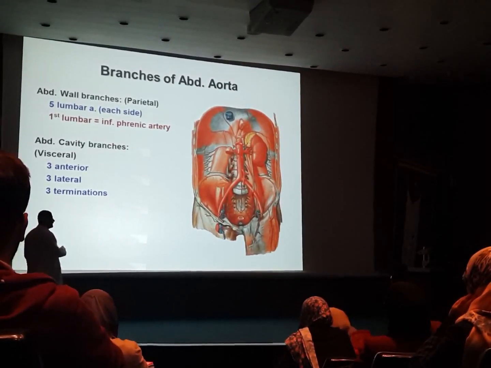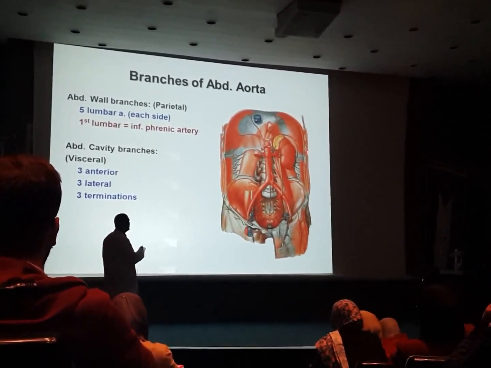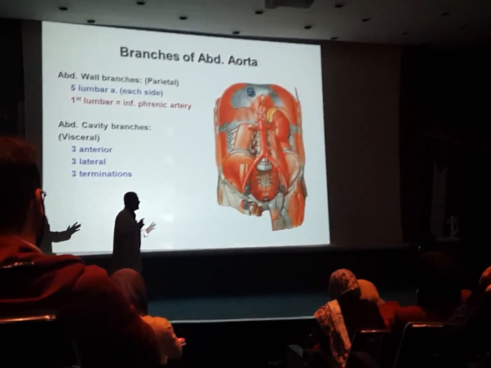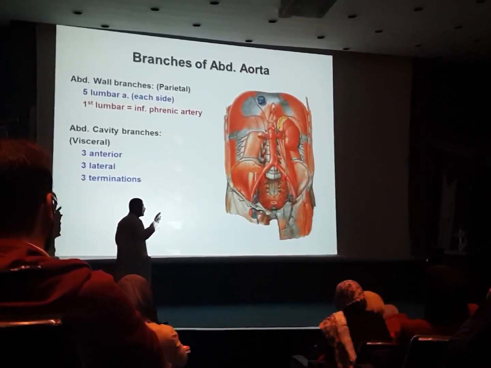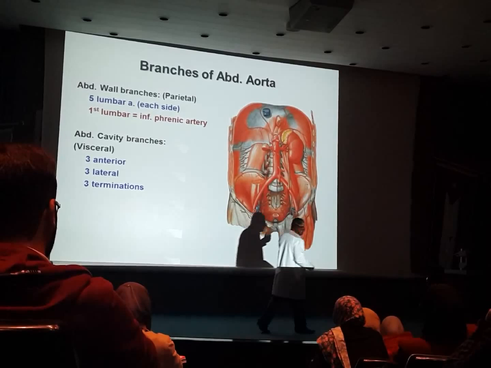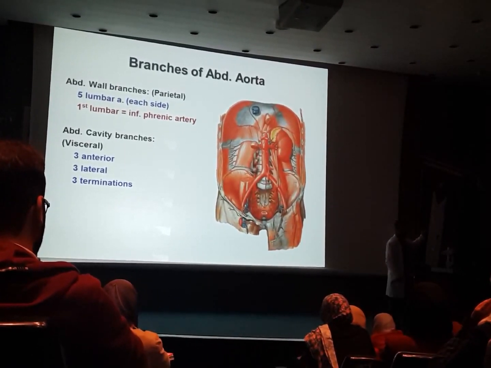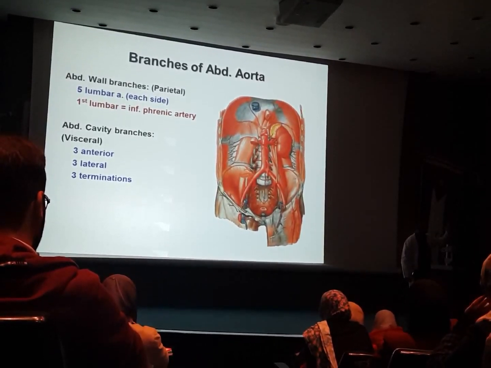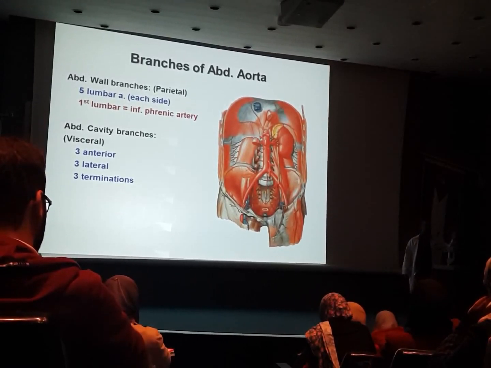Now, the abdominal cavity branches, or branches to the viscera, follow the rule of 3. You will have 3 arteries that go laterally. From the lateral aspect now, not posterior, not the posterolateral corner, you will have 3 branches: 1 to the suprarenal gland, called the suprarenal artery; 1 to the kidney, called renal; and 1 to the gonads, whether ovaries or testes.